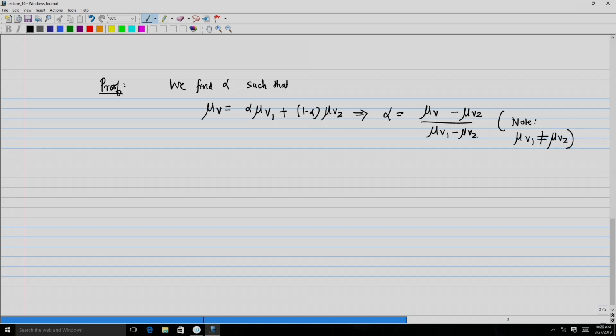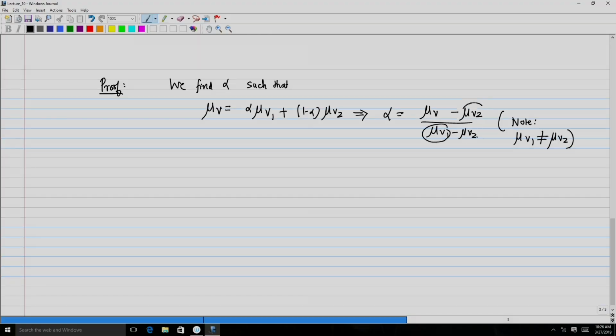So, that means you are able to figure out what is going to be the alpha in terms of mu v1, mu v2 and mu v.